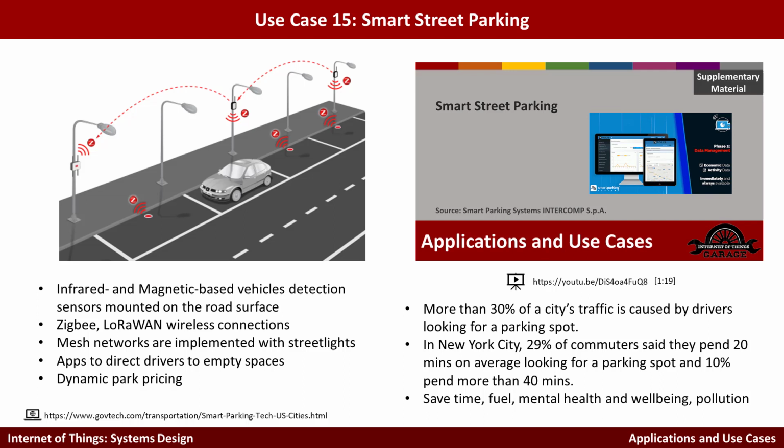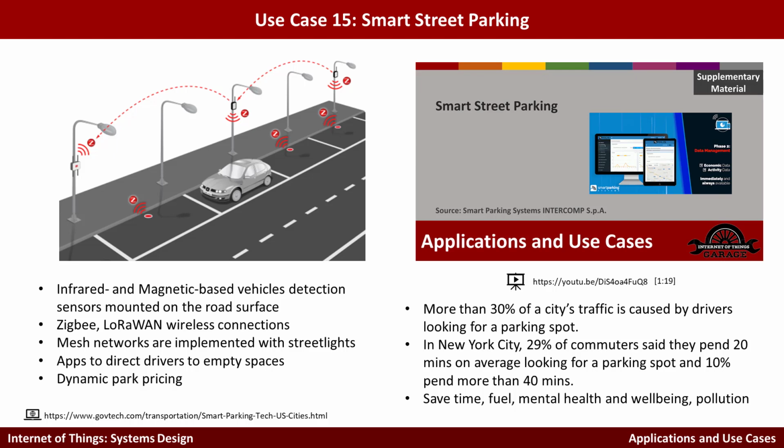It has been identified that more than 30% of a city's traffic is caused by drivers who are looking for a parking spot, because cities are becoming more and more complicated to navigate, and a lot of people are coming in looking for parking slots. Every usual parking space or large parking area is typically consumed by buildings.